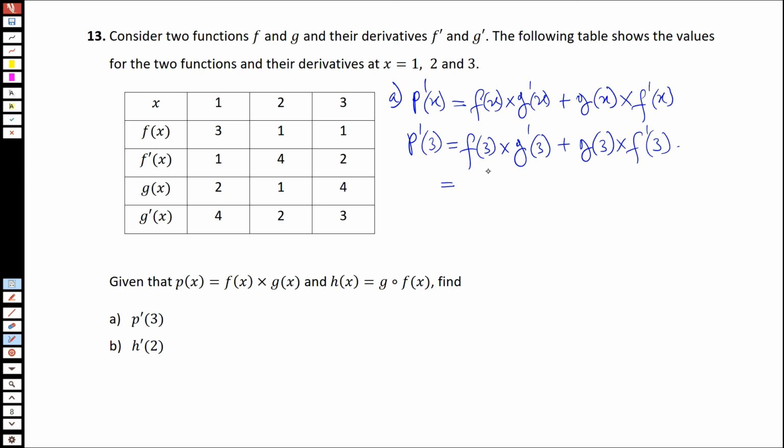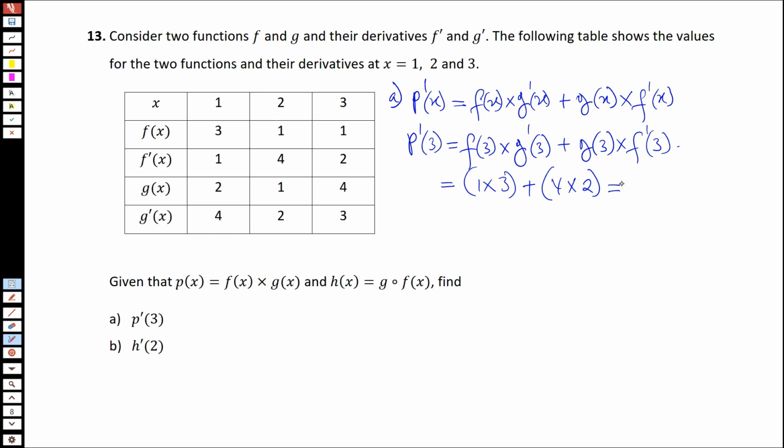From the table, we can see that f of 3 is 1. So this will be 1 multiplied by the derivative of g at 3, which is 3 here. So that will be 3 plus the value of g at 3, which is 4, multiplied by the derivative of f at 3, which is 2.